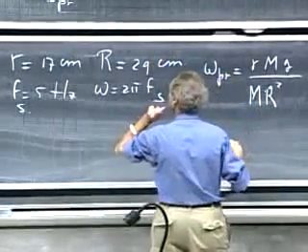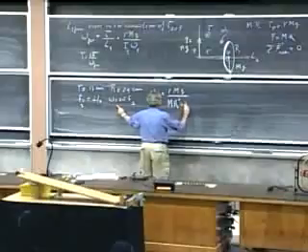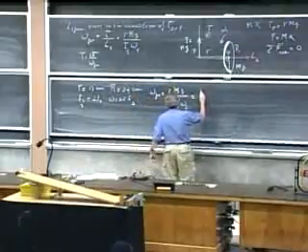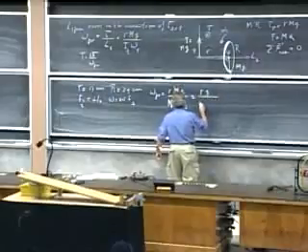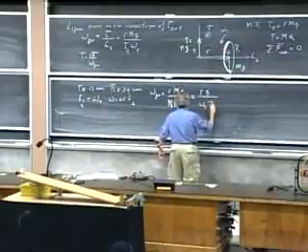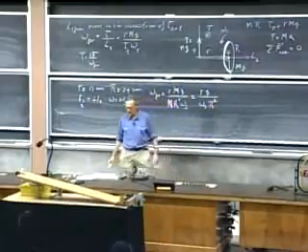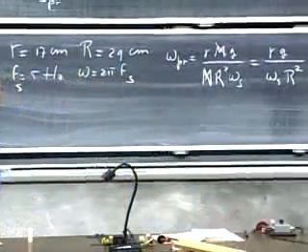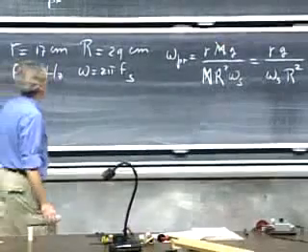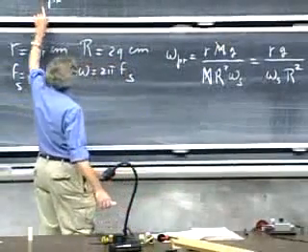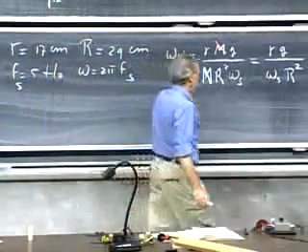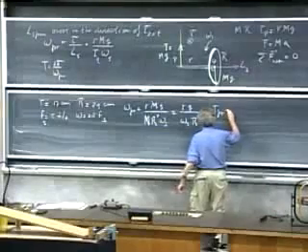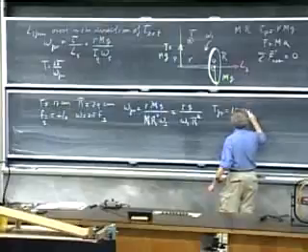We lose the m, and so we get Rg divided by omega s times r squared. That is the angular frequency of the precession, and the period of the precession is 2 pi divided by omega, and you find then for the period of the precession about 10 seconds.